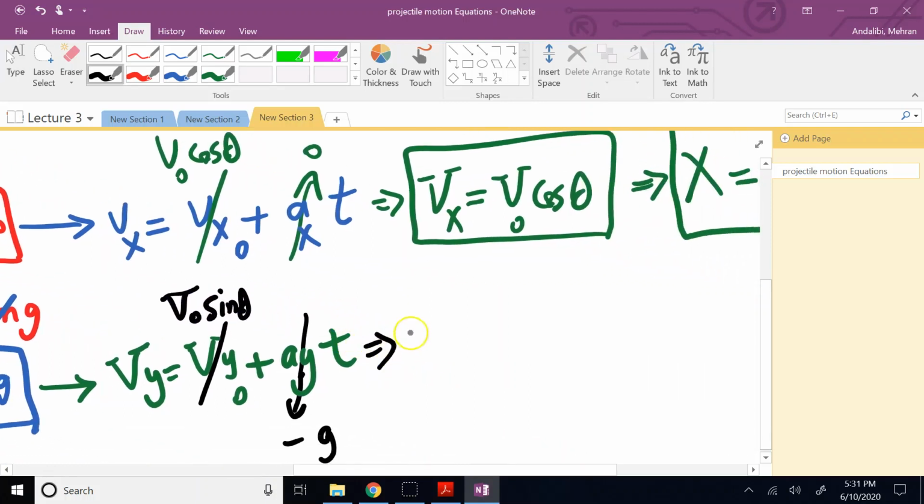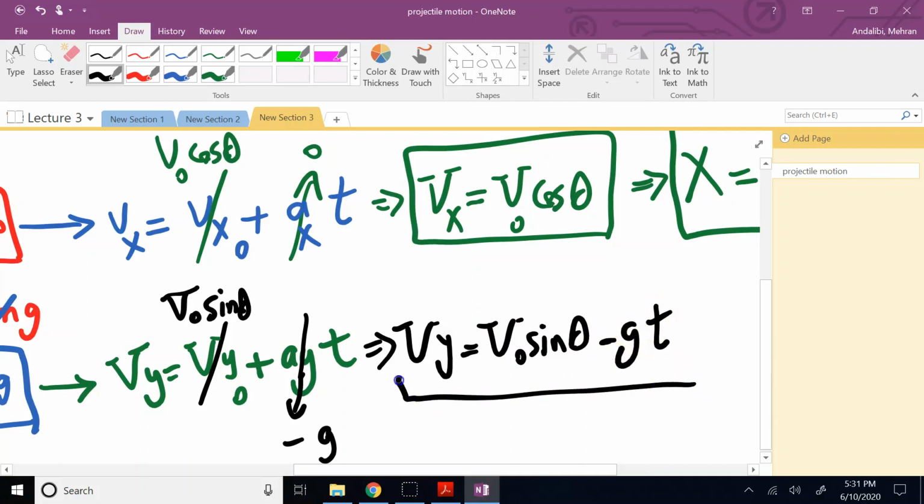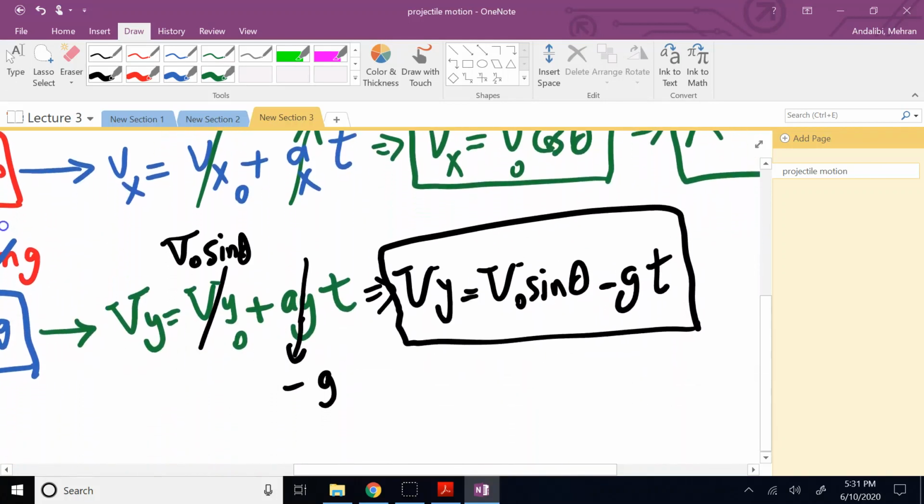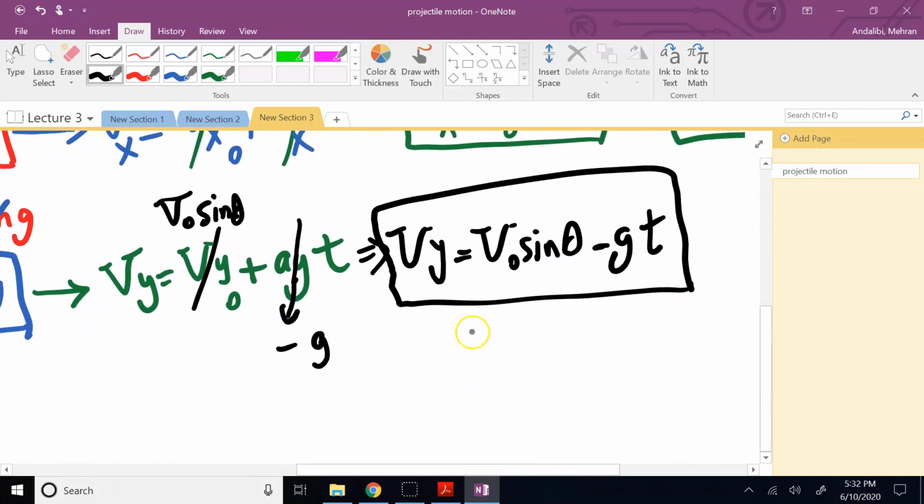So Vy is equal to V naught sine theta minus g times t. Okay, so you see V of Y does change with time, but linearly, because in the Y direction, what type of motion is it? It is constant acceleration motion.